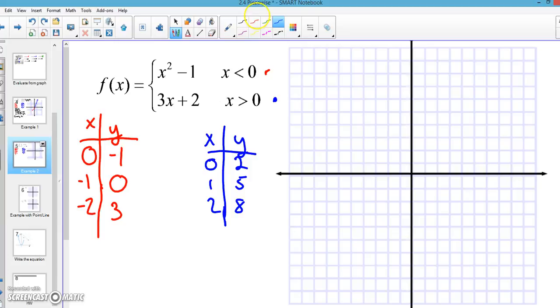Okay, so I've worked out my T-chart values. To start off with, for my parabola, I have 0, -1 as a point. I have -1, 0 as well, and I have -2, 3.